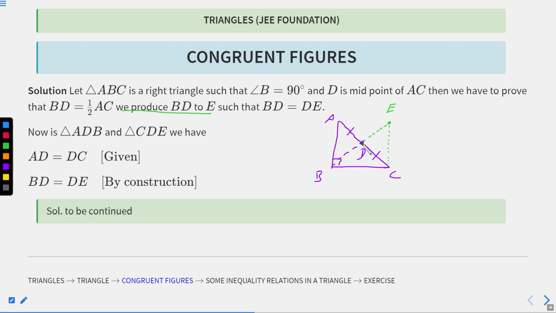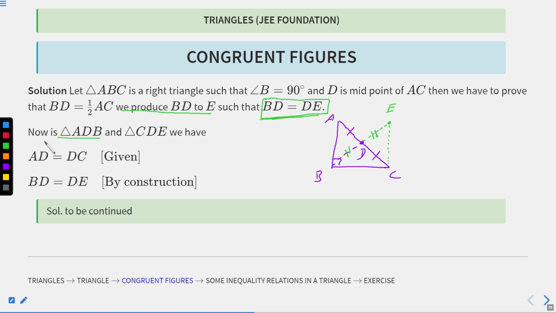We produce BD in such a way that BD is equal to DE. So by construction, BD is equal to DE. Now, if you look at two triangles, what two triangles am I talking about?